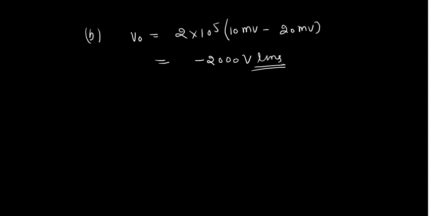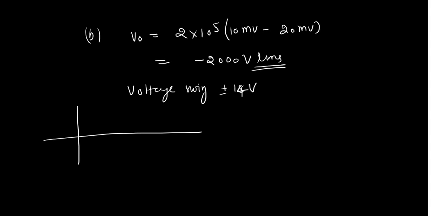Again, because what was our voltage swing? The maximum voltage swing is plus minus 14 volts. So your V in 1 was this 10 millivolt. If you watch the video I posted there, I think I have used the software, so you can also make an account and see all of these things.